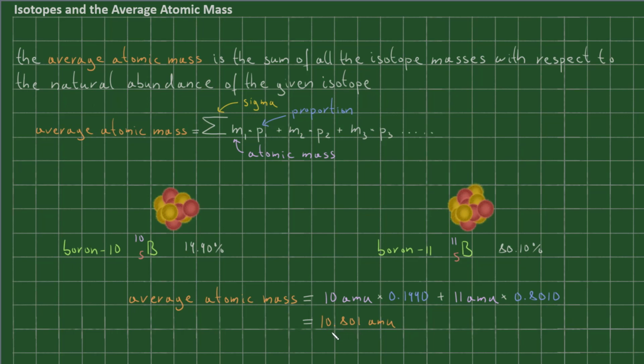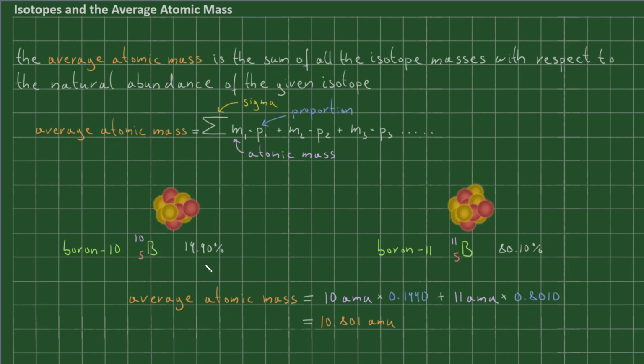Now, depending on your periodic table of elements, the average atomic mass for boron might be given as 10.811 or possibly 10.8. Why is that? Well, it depends on the way the average atomic mass was calculated. Or more precisely, it depends on these percentages. So this 19.9% abundance for boron 10 might not be exactly accurate. Maybe it's 19.903, or maybe it was 19.87 that was rounded up.